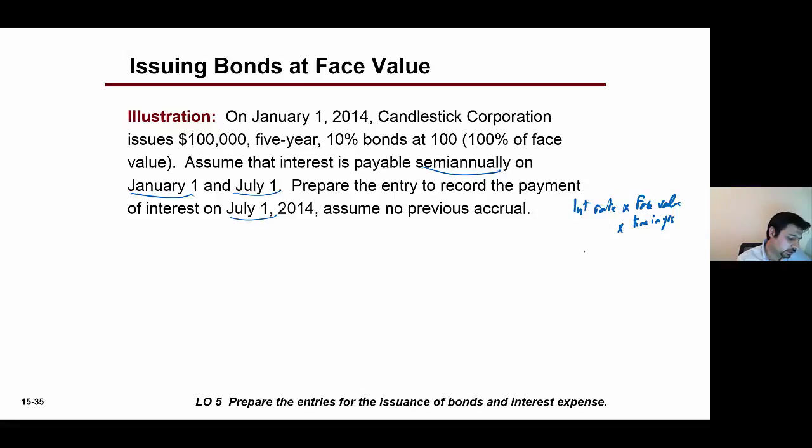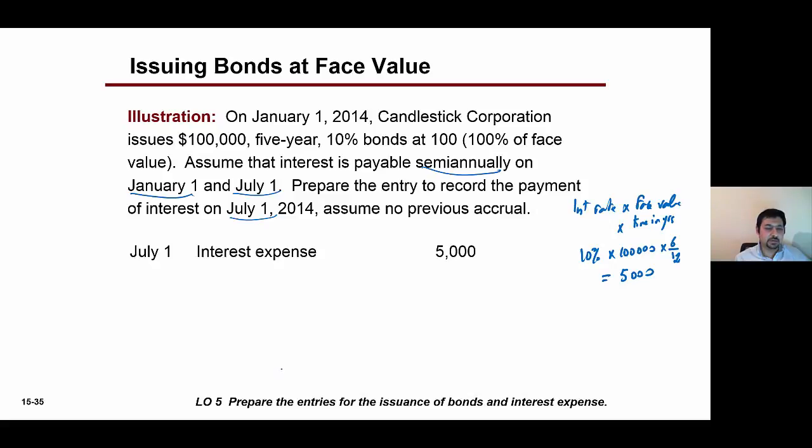So here it is 10% of 100,000 multiplied by, it is semi-annually, which means 6/12. And this will be equal to $5,000, the semi-annual interest payment. This is an interest expense, so the company will recognize this expense by debiting interest expense, 5,000, and crediting cash, 5,000.